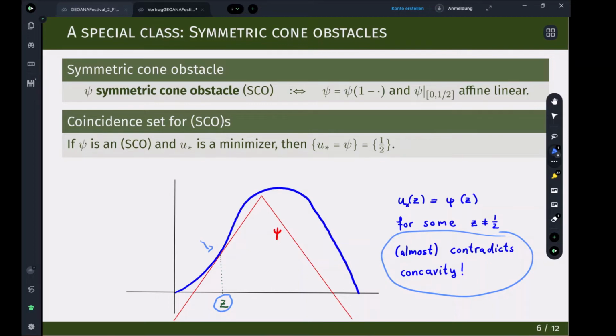Okay, here one can say it can still technically be true if the minimizer has a line part there. So this one also has to be excluded separately. So this argument that we have here is not complete, but maybe it is geometrically convincing that the minimizer can only touch the obstacle at 1/2.